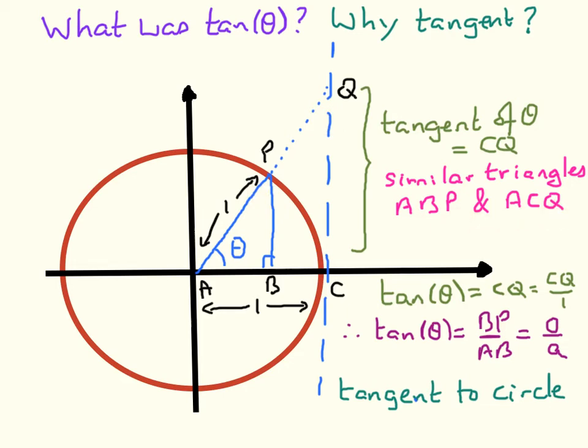Now, if we say that the tangent is CQ, then that means it is CQ over 1, and the tangent is therefore this length over this, 1, because that's the length AC, and the tangent will therefore also be this over this. And in terms of our right angle triangle, that is just the opposite over the adjacent.